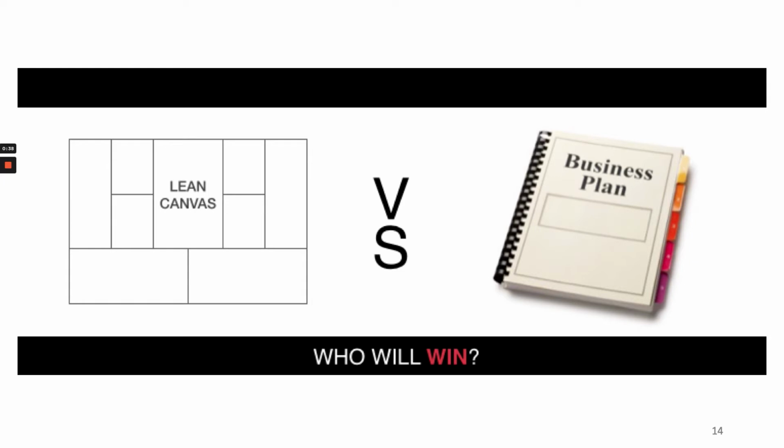What is the difference? A business plan is older, and if you go and try to get a loan, for example, from a bank, you will be asked to create a large, heavy business plan. You will be asked to create a document, like a 40 page document, where you write what your idea is, how you're going to finance it, what the plan is for the next 5 years, and so on.